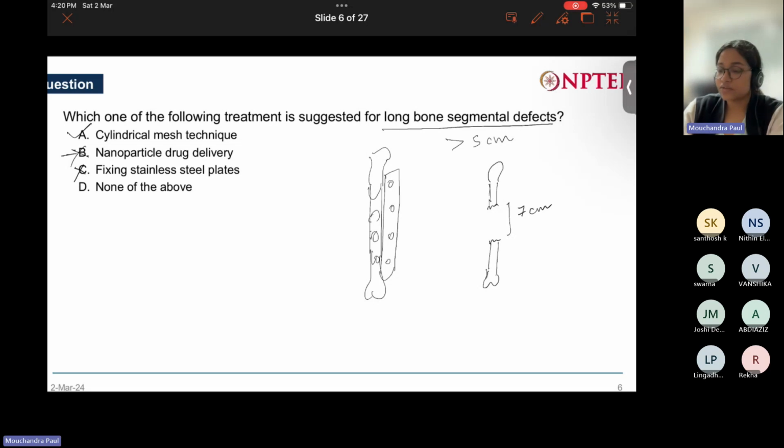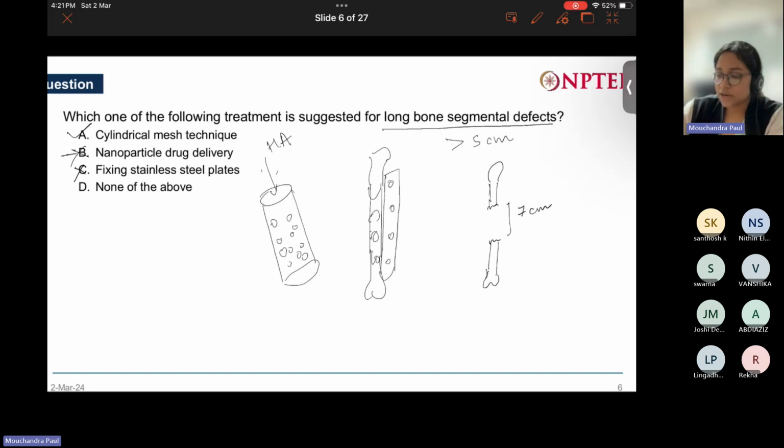Why A? If you remember from the lectures, Professor Doble showed you cylindrical meshes that look like this, which again has holes in it. In this treatment option, what people do is they fill this particular cylinder with some allograft, maybe some pieces of bone that they take from the patient only, or they can put in some hydroxyapatite and make a cylindrical block.